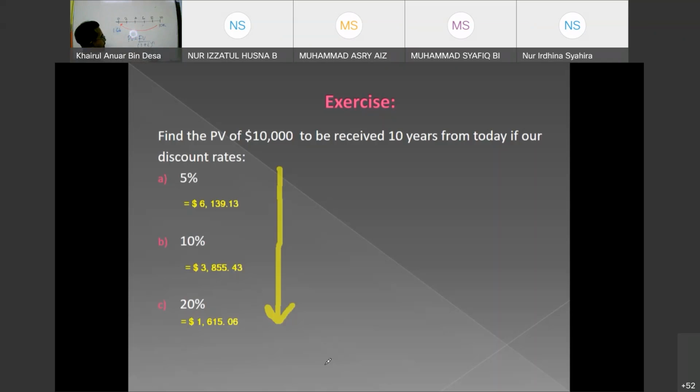Kuasa 10 di sini. Kita dapat di sini. Cuba Fik. 10,000 over 1.05 kemudian kuasa 10 sebab 10 tahun. Dapat Fik?